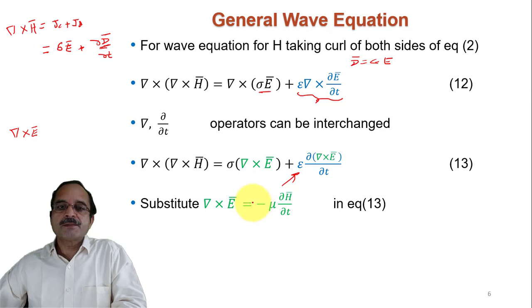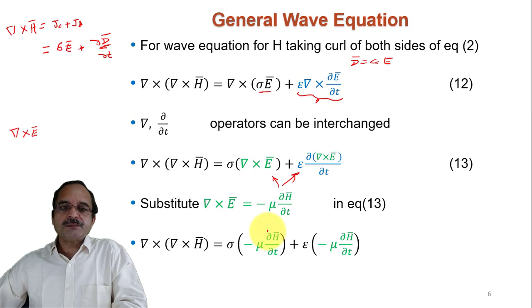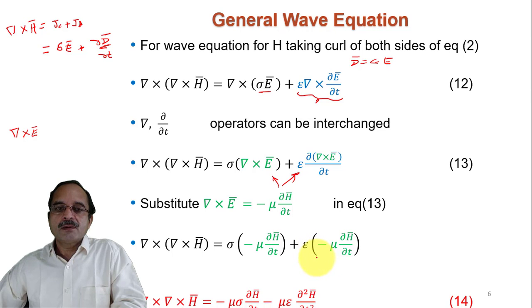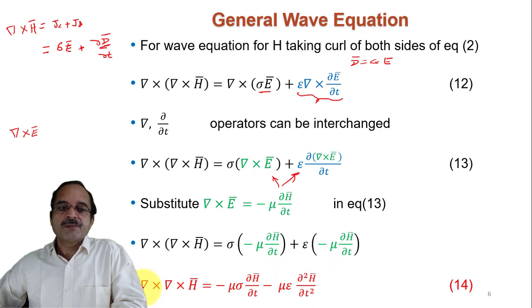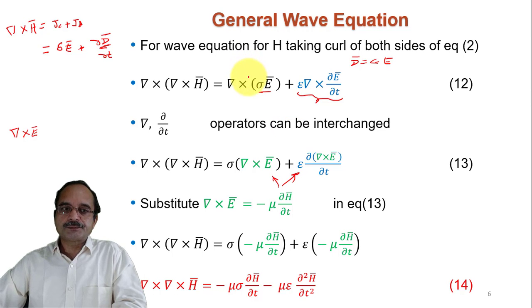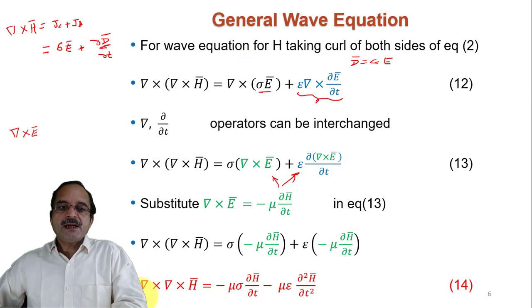We get curl of curl of H is equal to sigma times minus mu dH by dt plus epsilon times minus mu d2H by dt square. Now simplifying this, this is minus mu sigma dH by dt minus mu epsilon d2H by dt square.